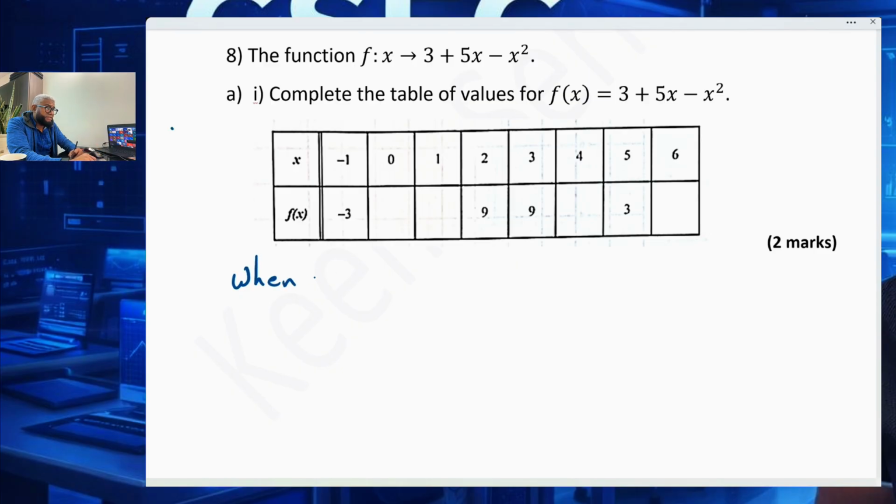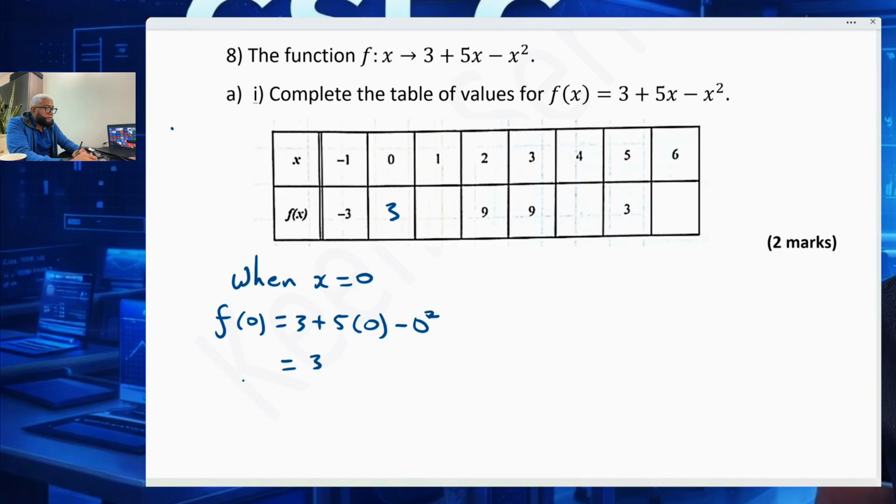We're doing for when x is equal to 0. f of 0 is the same as y equal to 3 plus 5 by 0 minus 0 squared, which will give me what? 3. You'll get 3, right?